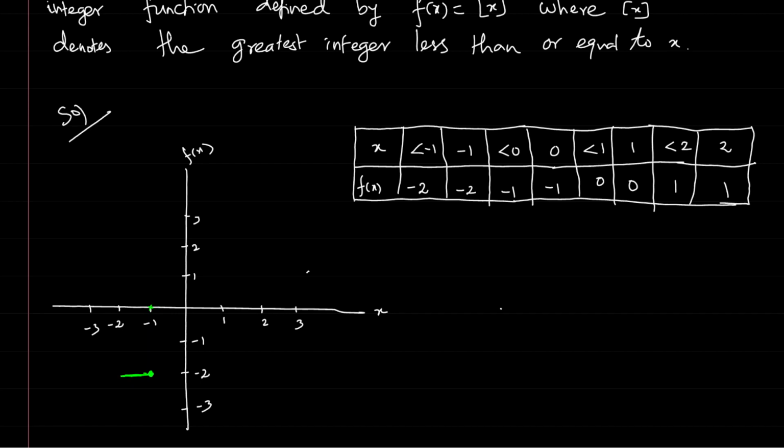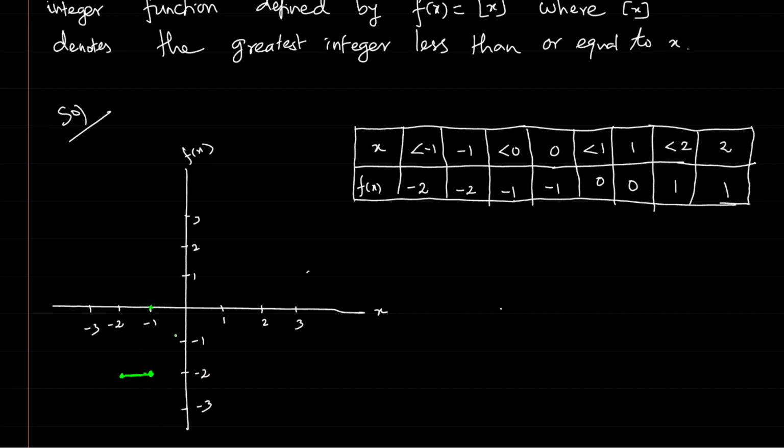And see here, it won't touch minus 2, because if it touches minus 2, the value will be, what is floor of minus 2? It will be minus 2, but the values just below it give minus 3, so the graph stays flat and then jumps.